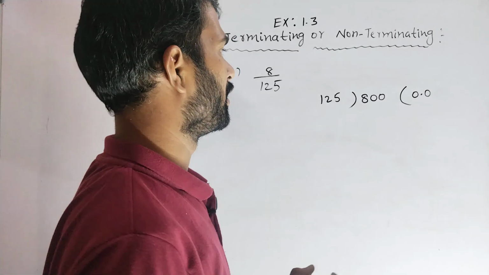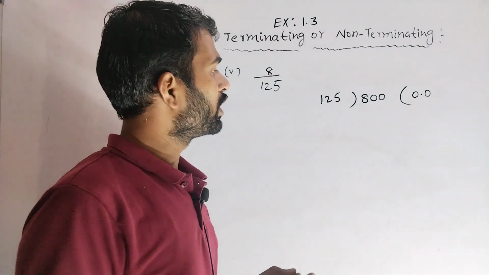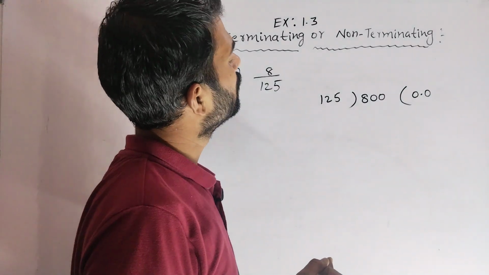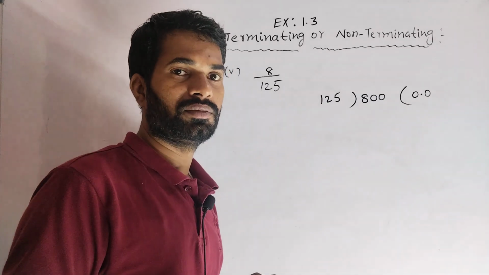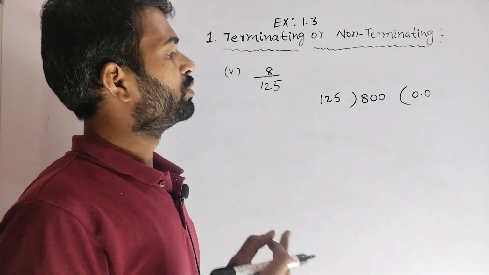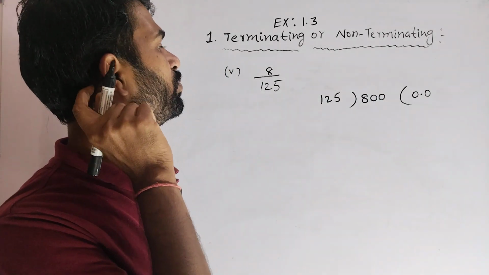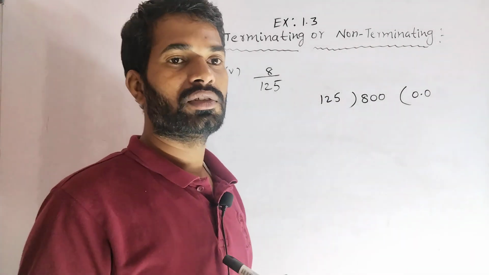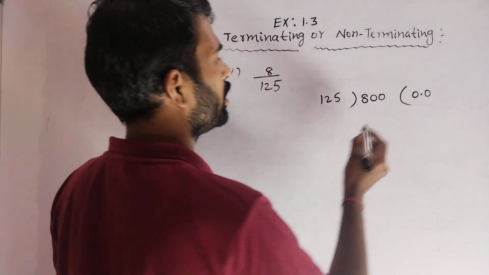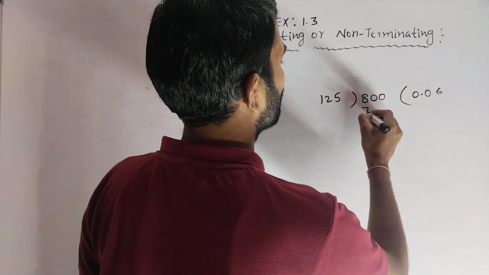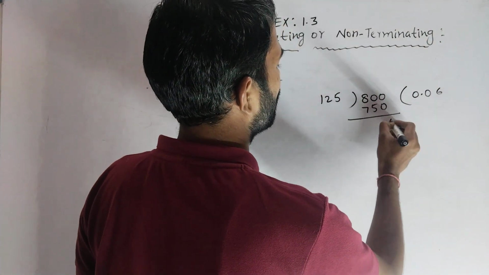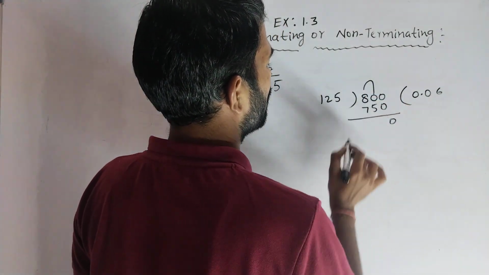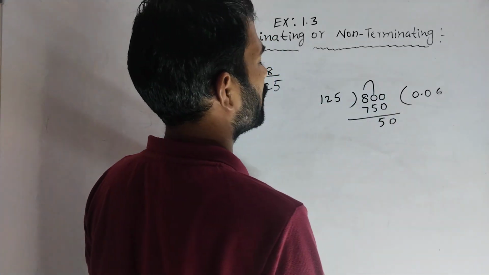Less than 800 we can take. 125 2 times is 250, 4 times 500, 6 times 750.